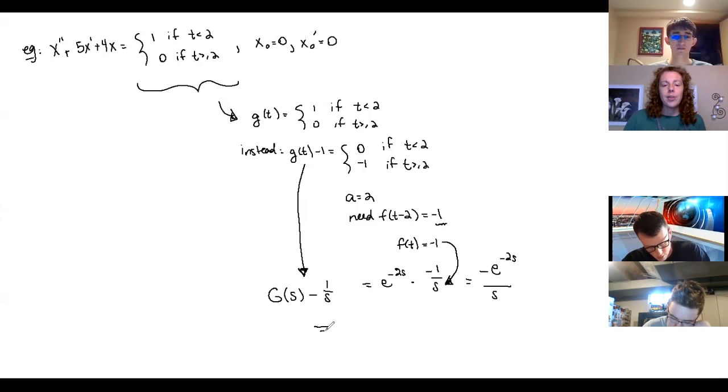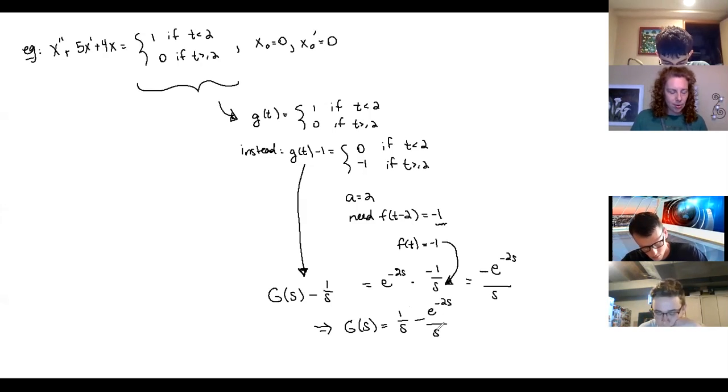And so therefore, the transform of the right-hand side, if I get capital G of s by itself on one side, is 1 over s minus e to the negative 2s over s. That's my transform of the right-hand side. 1 over s minus e to the negative 2s over s.